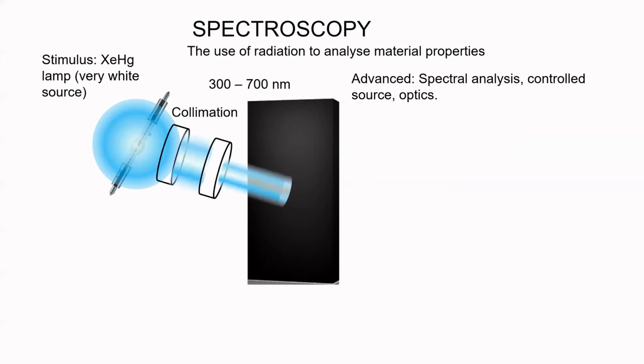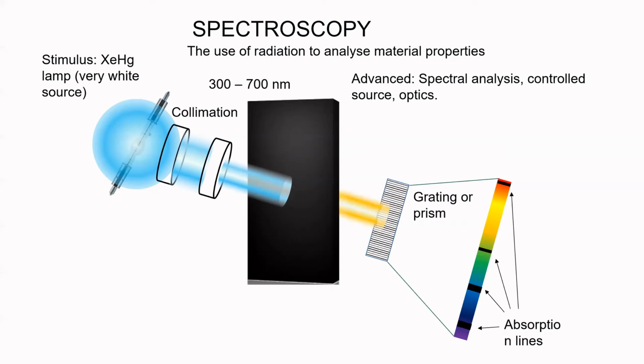We might then also improve the optics we use before we shine that radiation onto our object. In this case, some collimation, so that we know the light is going through parallel to the one direction. We might be able to look at a transmission signal, seeing what's getting through.